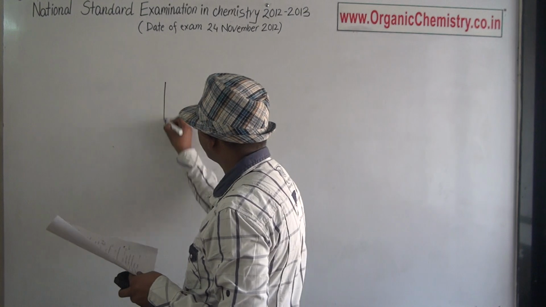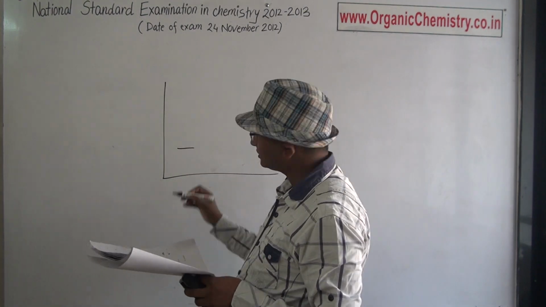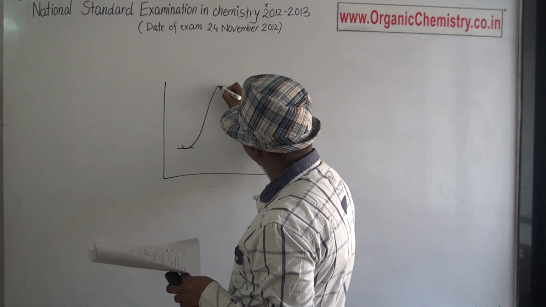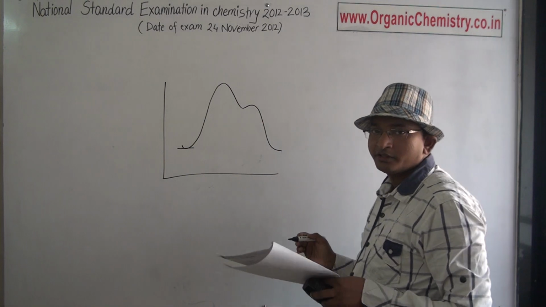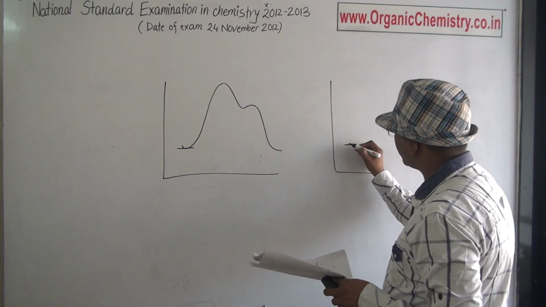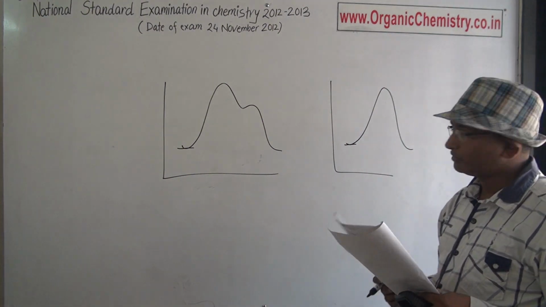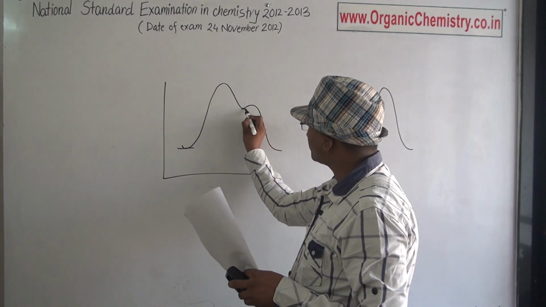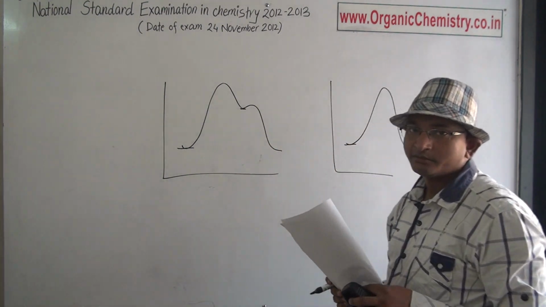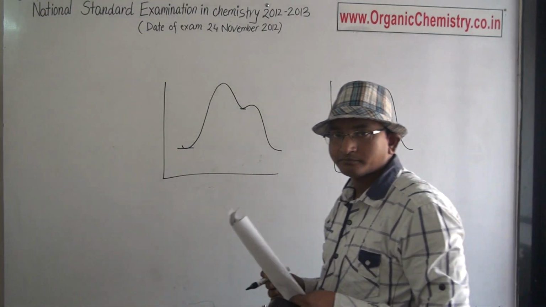It means for any chemical reaction, substrate is present here, some activation energy, then intermediate, then product. It may be possible that some chemical reaction takes place in one step without any intermediate.